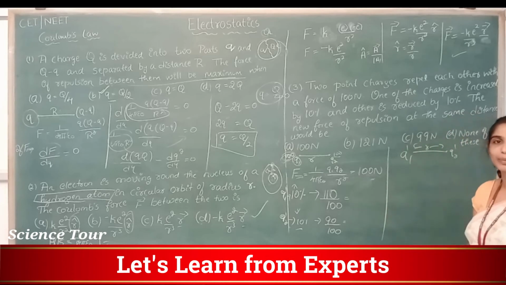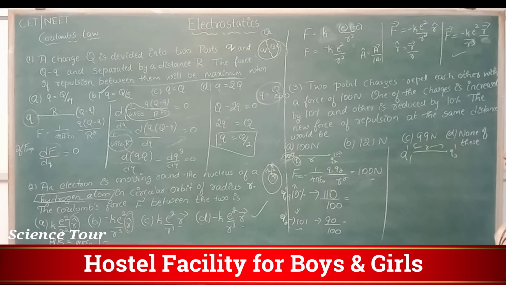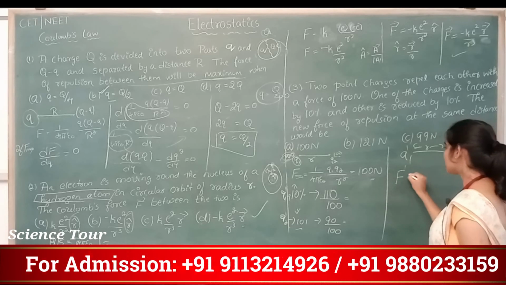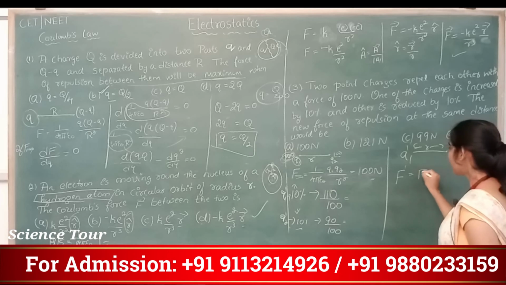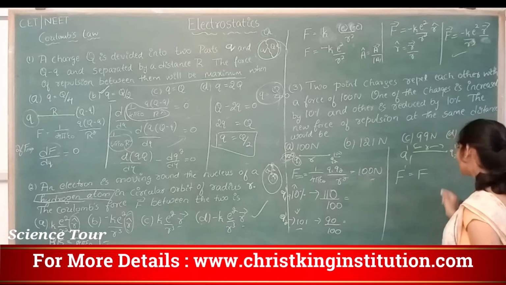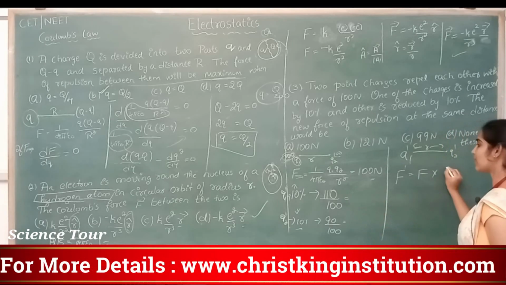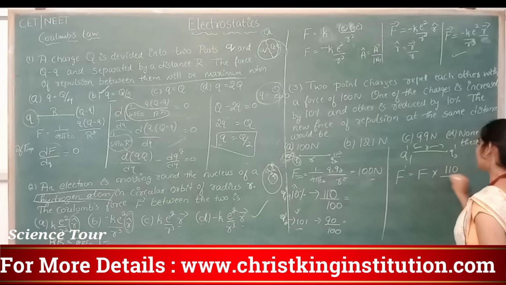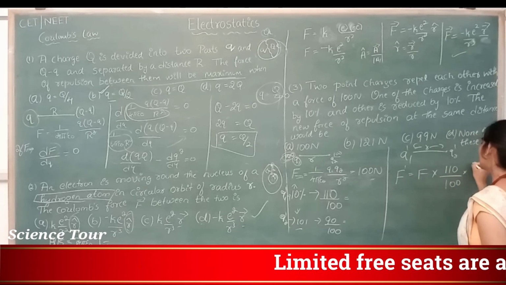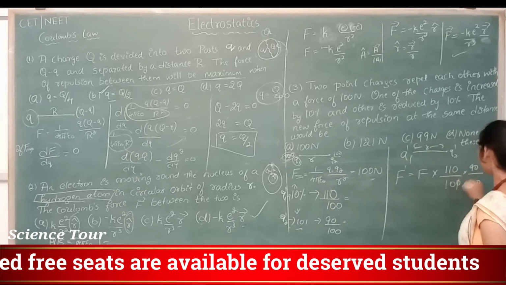New force of repulsion, F dash, is equal to F, that is the earlier force, into these charges. What is that? 110 divided by 100 into 90 divided by 100.